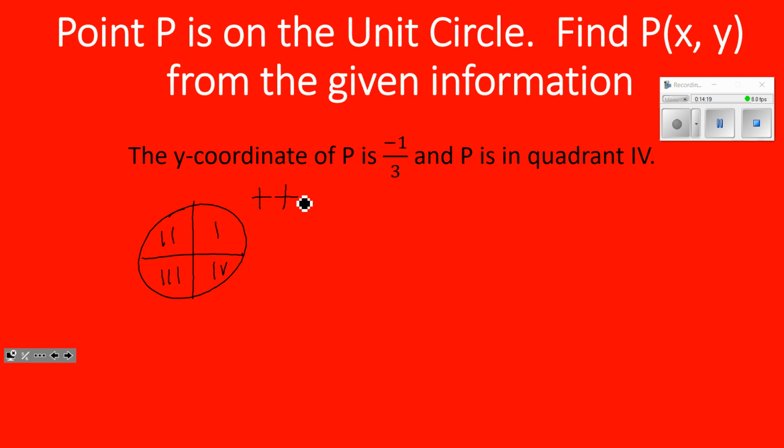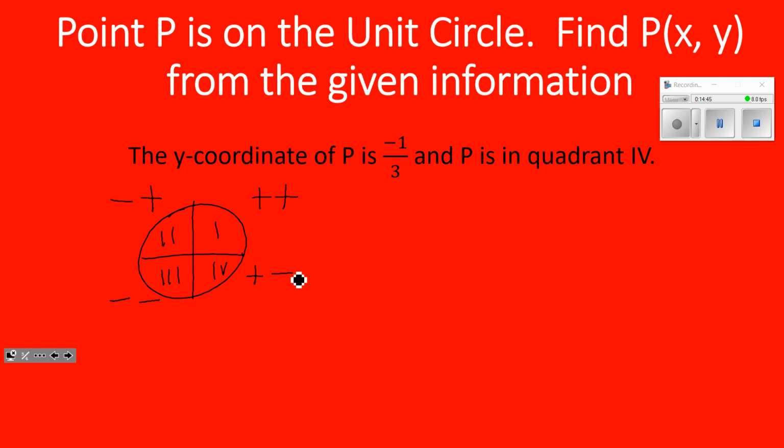Okay, in quadrant 2, the x is negative, and then I'm going up, the y is positive. And in quadrant 3, they're both negative. And then in quadrant 4, positive and then negative. Any questions about that?